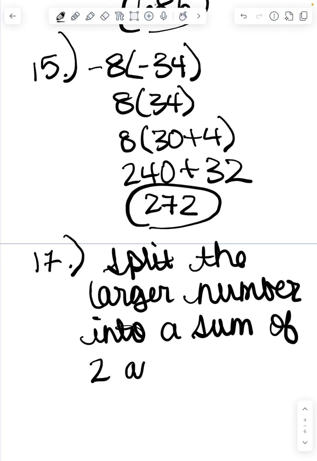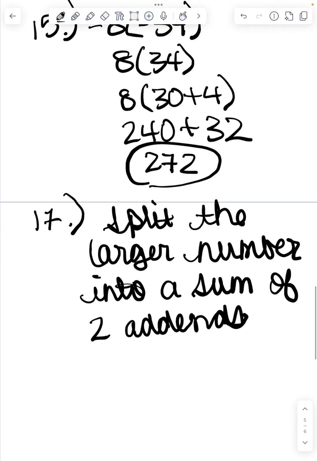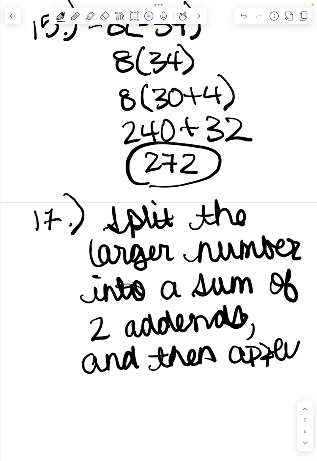So we split the larger number into a sum of two addends, and then apply the distributive property.